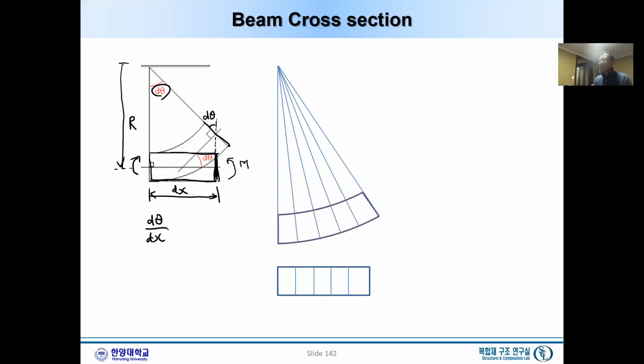This is the R, and that was the 1 over R. Actually, this equation was obtained: R d theta is dx. This is the length, and that is the same as before deformation. So that is the dx. That is basically the deformation observation, very important.